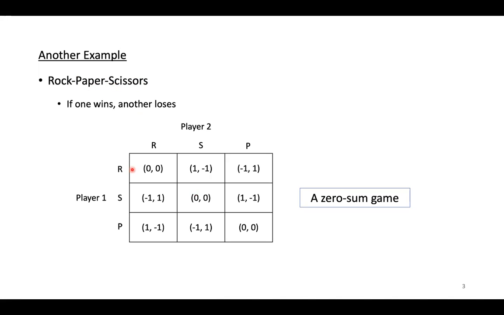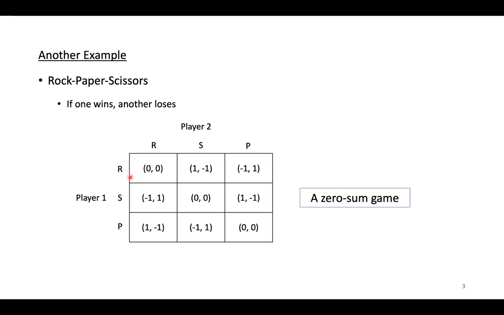With that idea, we can define the payoff matrix in this form, which means if both choose rock, none of the players get any payoff. It's a tie. If player 1 chooses rock and player 2 chooses scissors, then player 1 wins, which means he gets payoff 1 while player 2 loses with -1.